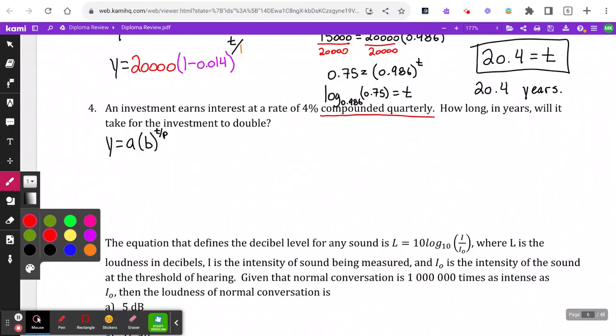So your rate is not 4%. It's 0.04 divided by 4 because it's quarterly. So your new rate is 0.01. That seems too convenient. Yeah, it is. So you have to find your new rate when they're compounding quarterly.